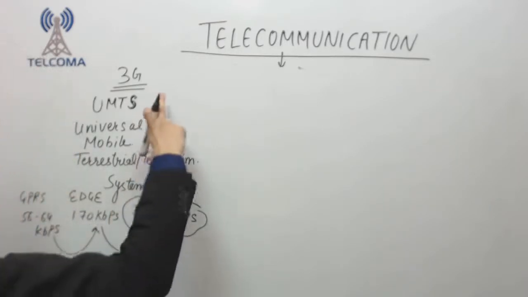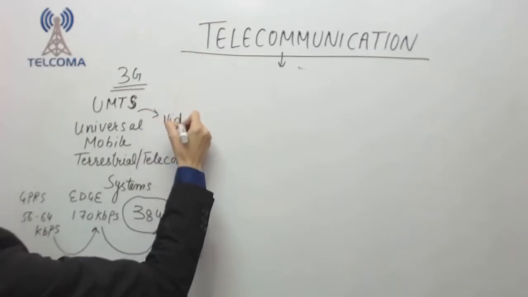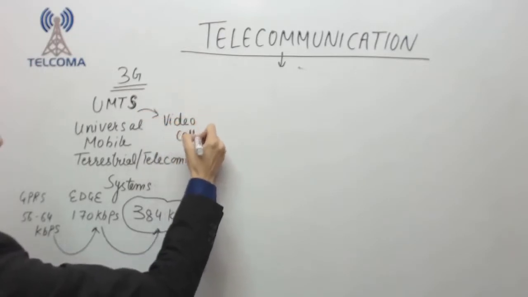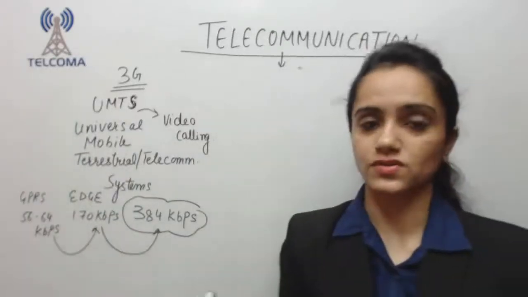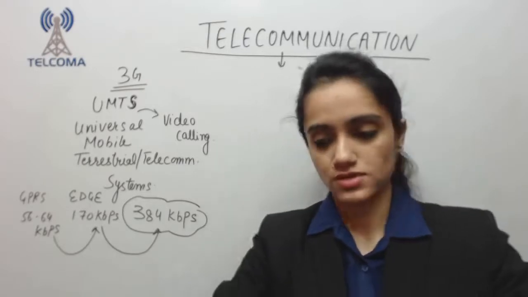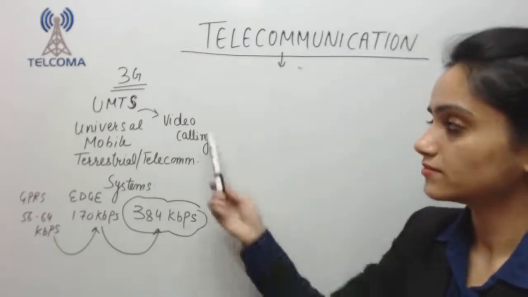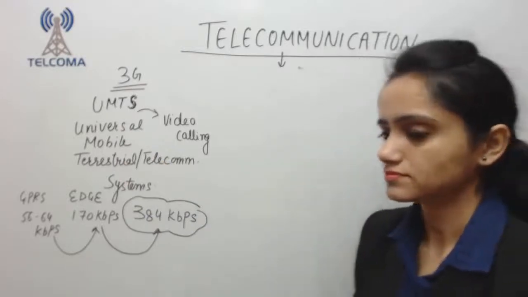So basically UMTS, which is a 3G, also has a feature of video calling. Because we have voice calling, now we have smartphones, we can have video calling also, that requires more data rate that is offered by 3G.